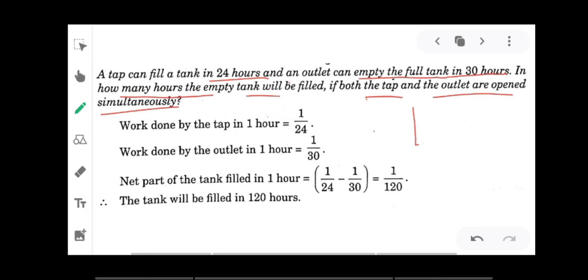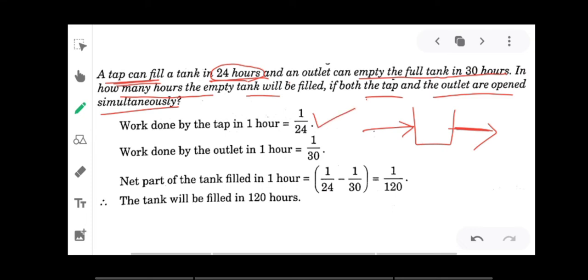That means there is a tank with one pipe, the inlet where the water is filled, and an outlet, the pipe where the water is emptied. The tap can fill the tank in 24 hours, that means in 1 hour it can fill 1 upon 24.